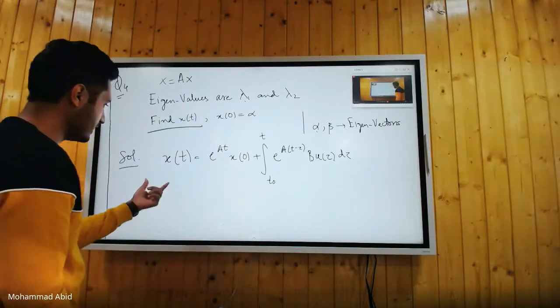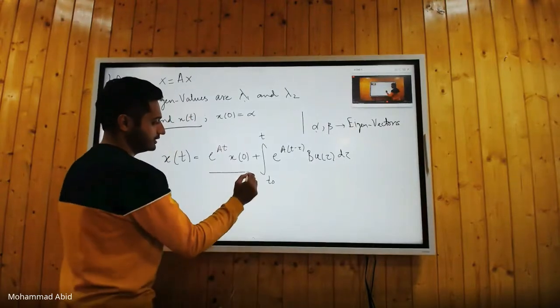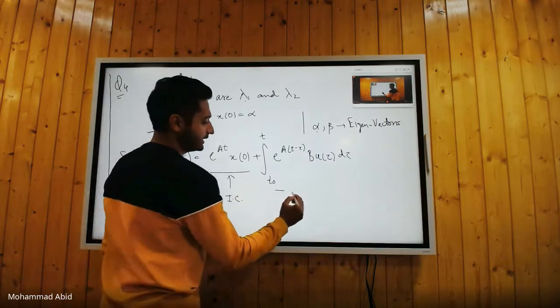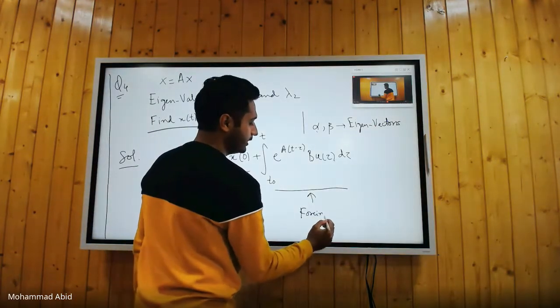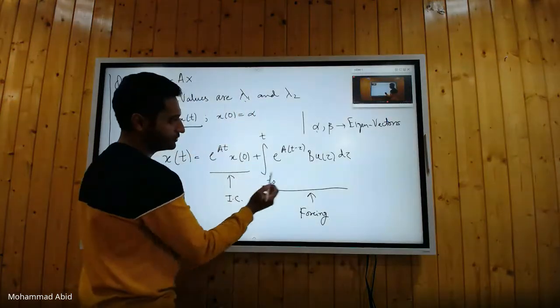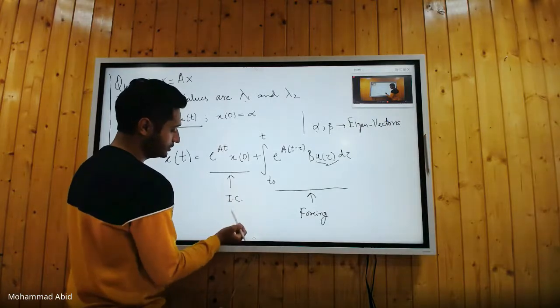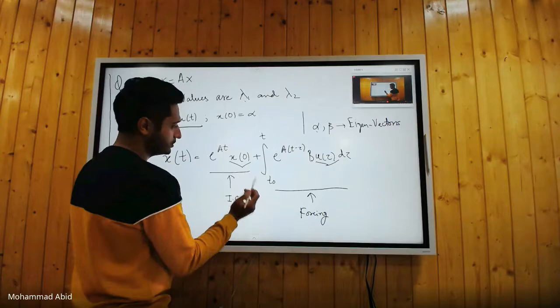See, the expression for x(t) is a summation of two terms. This first term is coming from initial conditions only. The second expression is the forcing part. We call it the forcing part because the dominant force is coming from the input, and for this solution, the dynamics are being excited by the initial conditions.